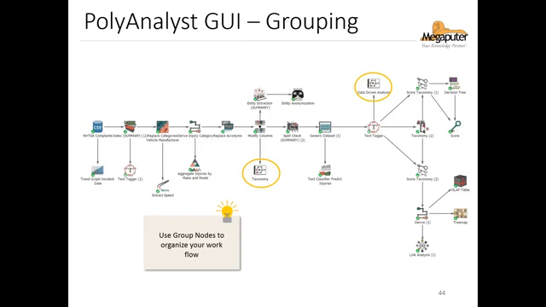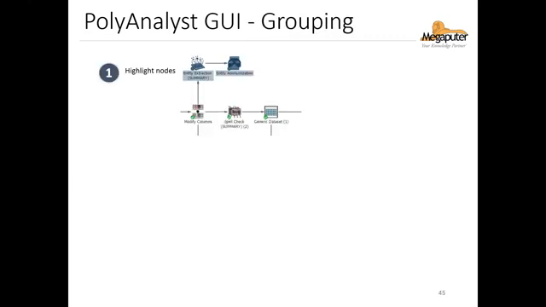So how do we group nodes? For example, let's suppose we want to group these two nodes at the top of this workflow. How do we take those two nodes and turn them into one, put them into the subfolder called Entity Anonymization?